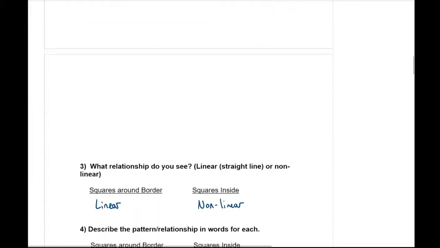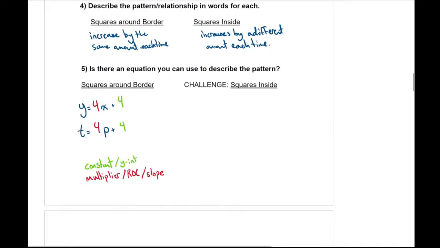So if I go back to my rule, I might say my rule is something like y equals... how do I show that the position number becomes a square or multiplies by itself? Well, I could say x times x, or if I want to shorten that, I might say x squared, because x squared just means x times x.